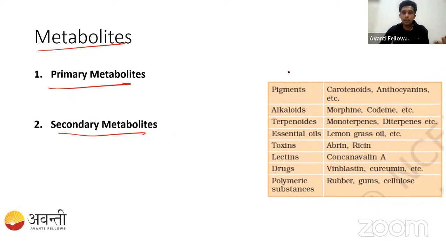For example, pigments, alkaloids, which usually occur in plants, terpenoids, essential oils, toxins, lectins, drugs, and polymeric substances. These are called secondary metabolites. And why do we call them secondary metabolites? Because they are not strictly essential for the survival of the organism. When it comes to primary metabolites, they are a 100% must.